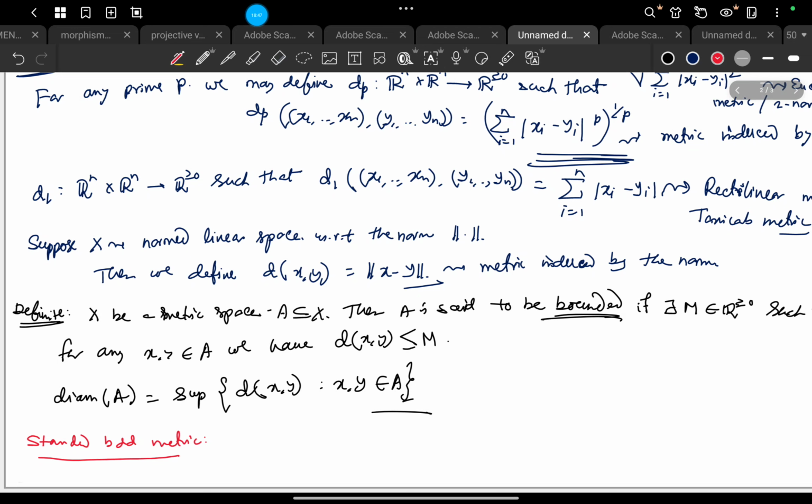So the standard bounded metric means: suppose X is a metric space, (X, d) is a metric space.